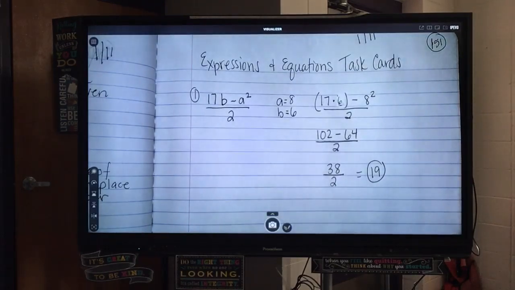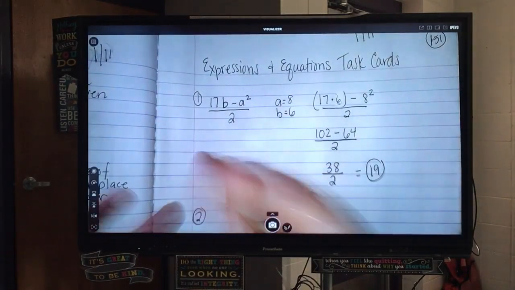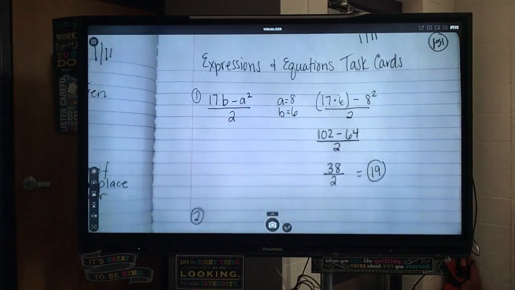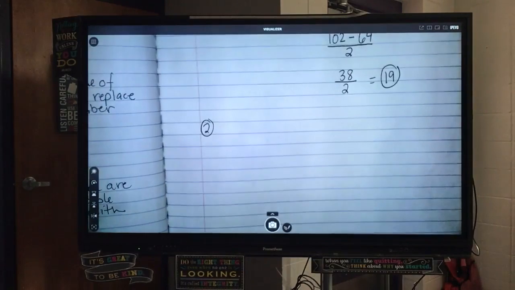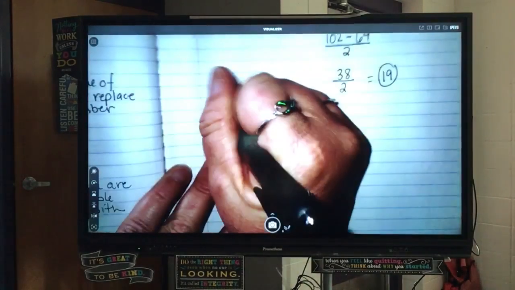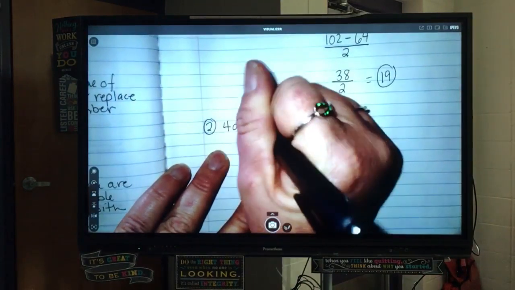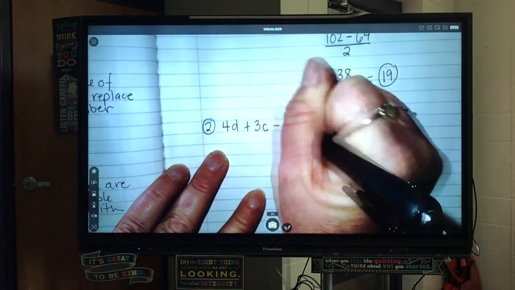Alright, we're going to go ahead and do number 2 as well. Again, you can make this closer on your page. I'm not going to because I'm not doing all of these. You guys are. But I just want you to be able to see all of the steps. Alright, so number 2. 4d plus 3c minus d squared.